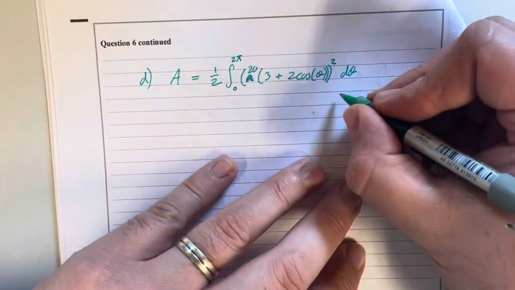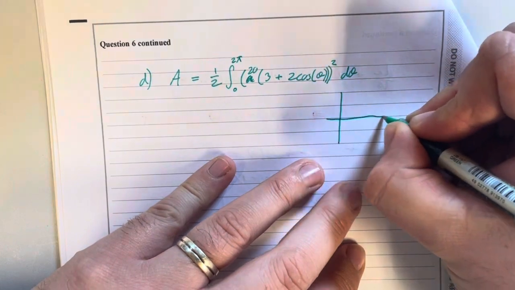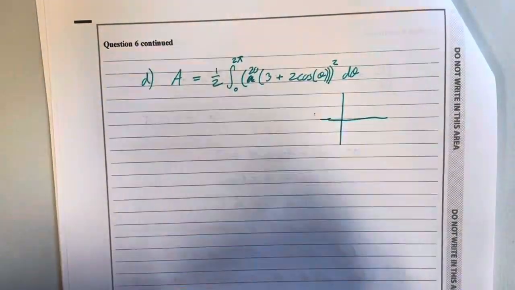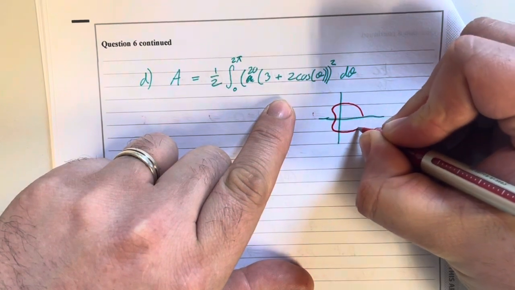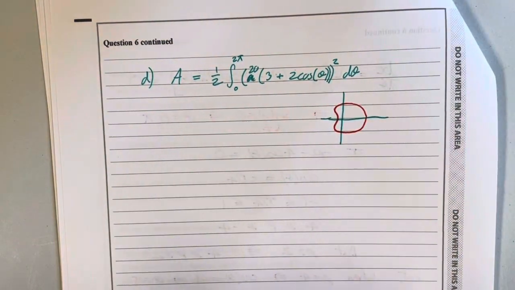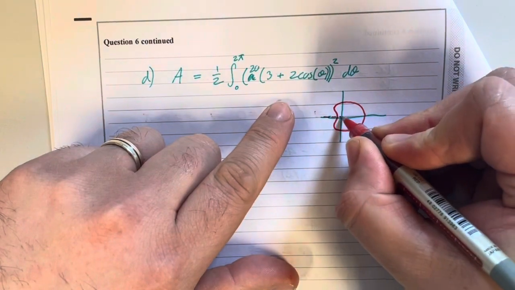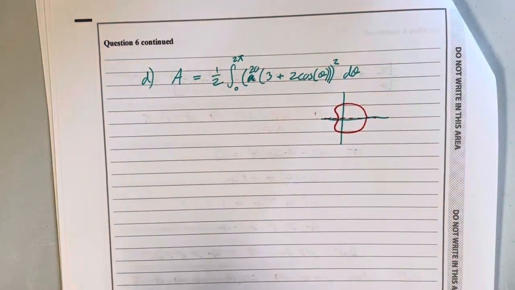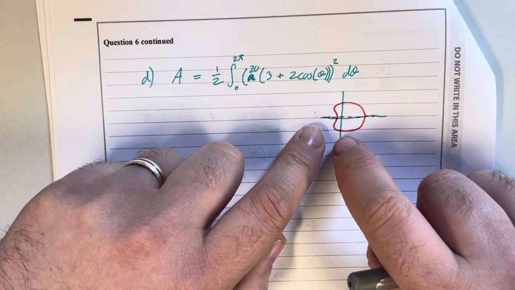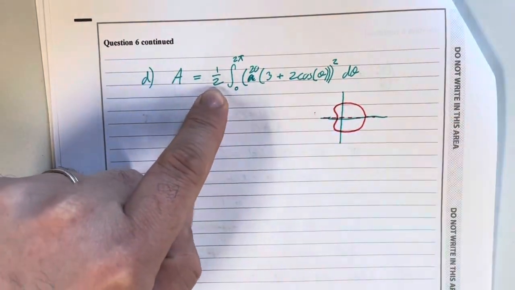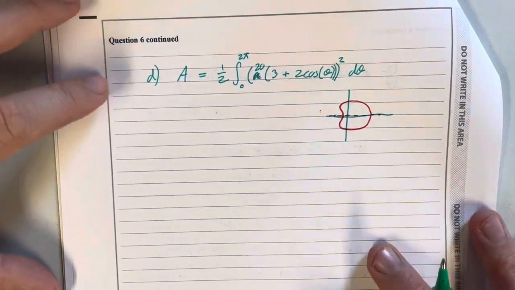But this is a limaçon, which looks like this. Kind of. My point is it's got a line of symmetry here, so I can actually only integrate from 0 to pi, and then I can double it. So I can actually get rid of that half and just go from 0 to pi.